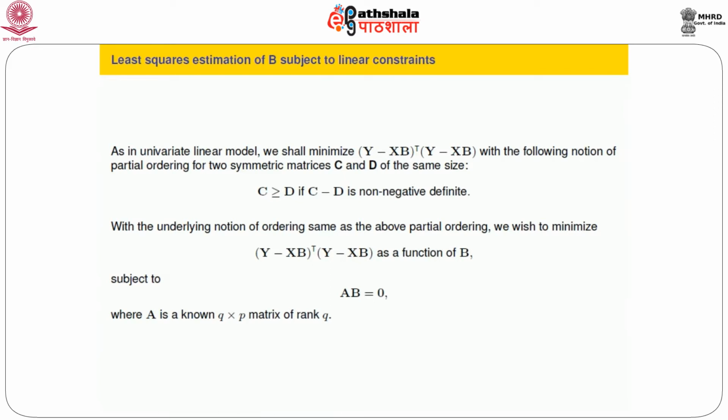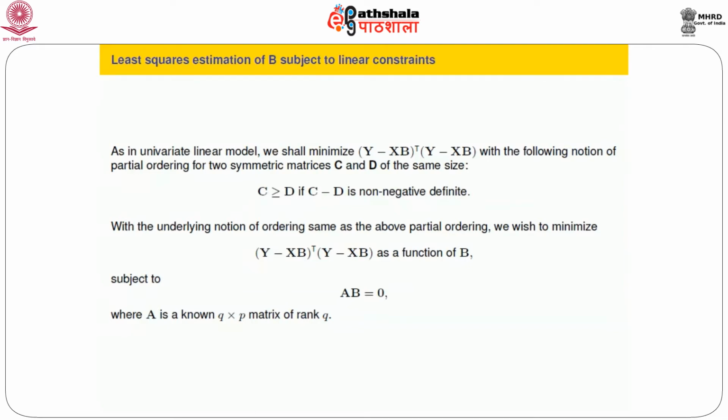That was a scalar, but here we are working with matrices, so we have to have a suitable notion of ordering. We look at (Y minus XB) transpose (Y minus XB). It's a symmetric matrix, and we want to minimize it with respect to a certain ordering criterion. If we could minimize this with respect to B, then we would have got our estimator.